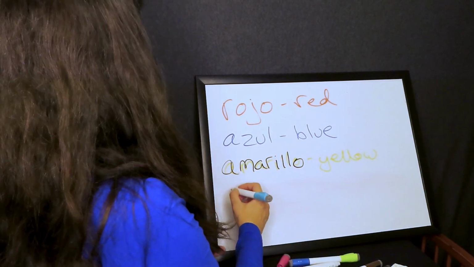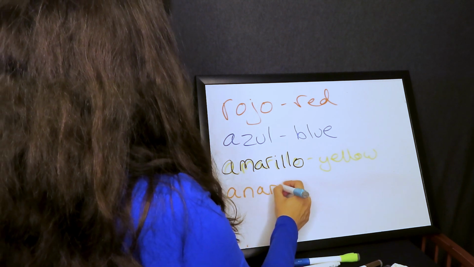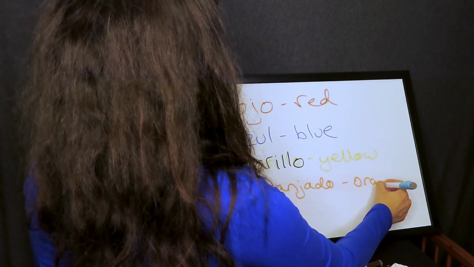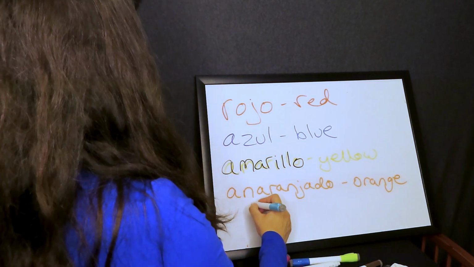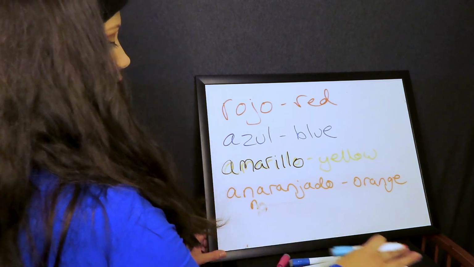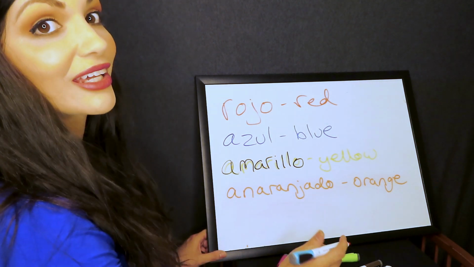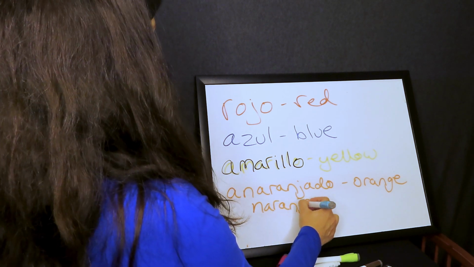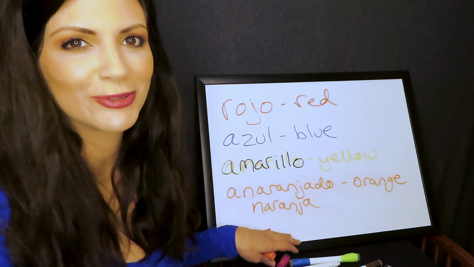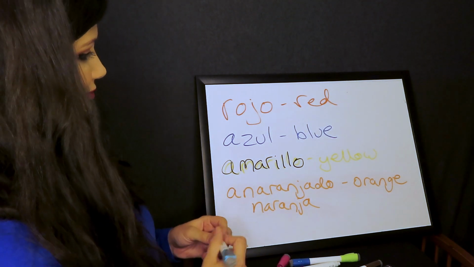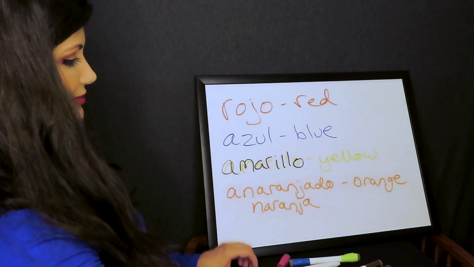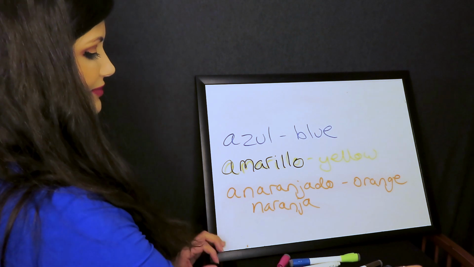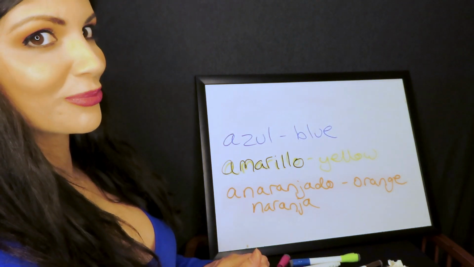Next is orange. Which is anaranjado. Or like the fruit, naranja. Purple.